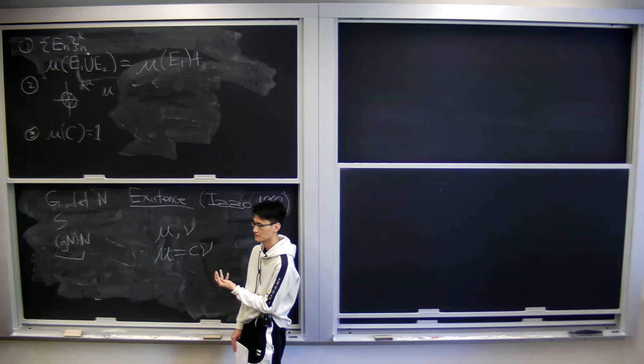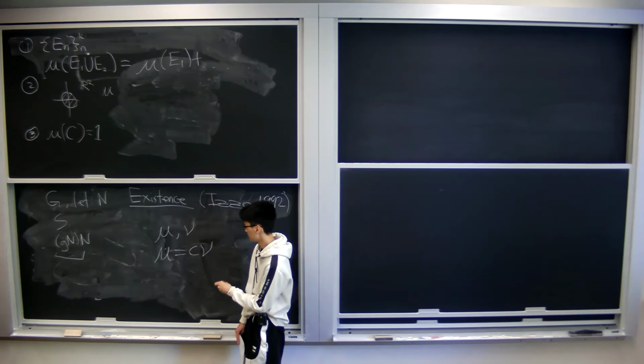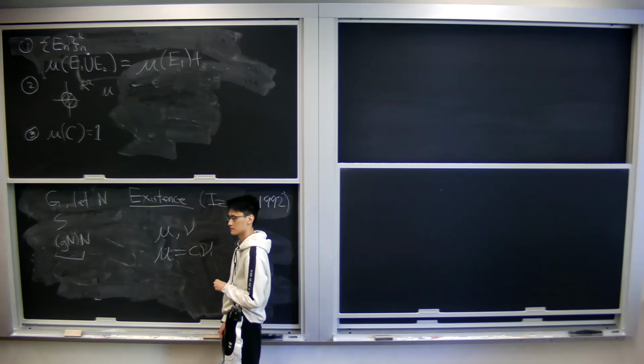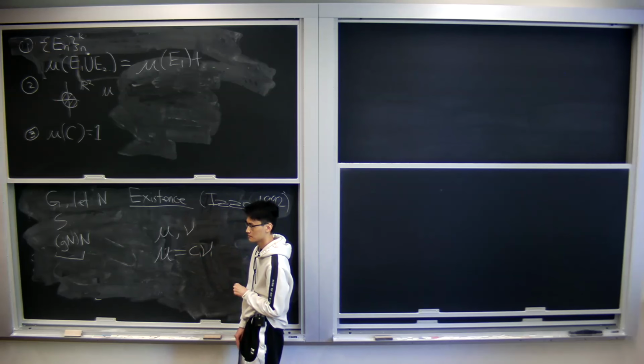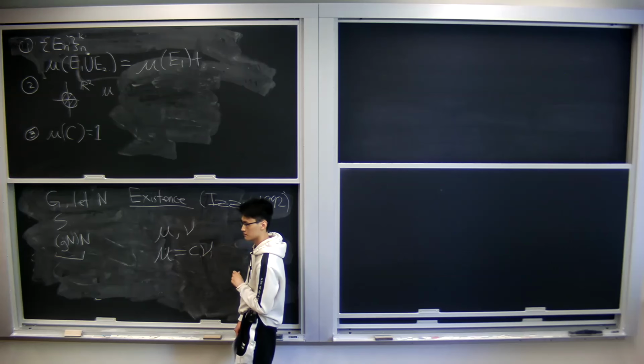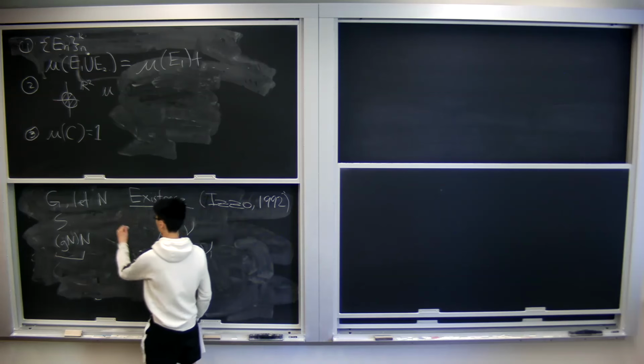Okay, let's call the two measures mu and nu. You have two measures on the first group, and two measures on the second group.